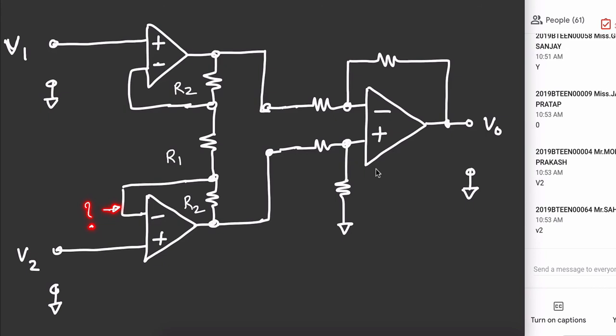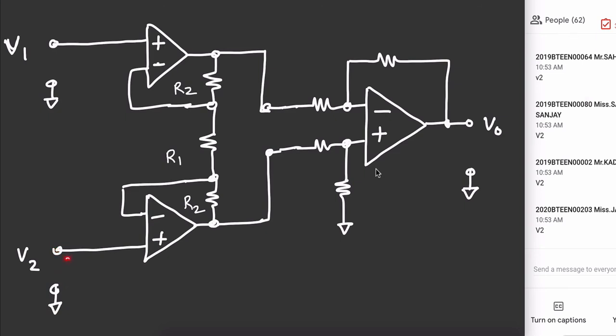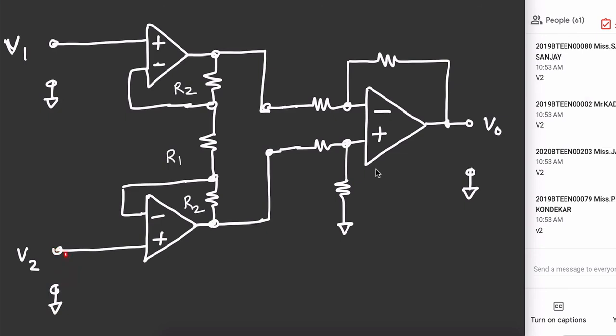Prachi, remember this ground is drawn just to ensure that V2 is with respect to ground. It does not mean that V2 is grounded.